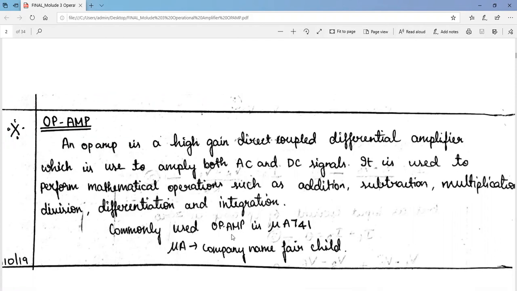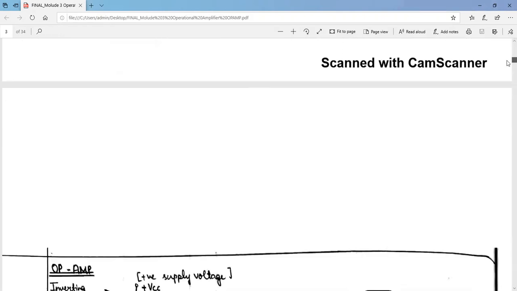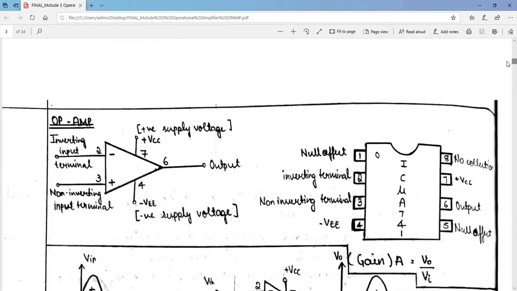Commonly used op-amp, or operational amplifier, is MU-A741, where MU-A stands for the company name Fairchild. Now, if we see the operational amplifier in the form of an IC, that is integrated circuit, we will have an IC which has 8 pins, 4 on the left and 4 on the right.